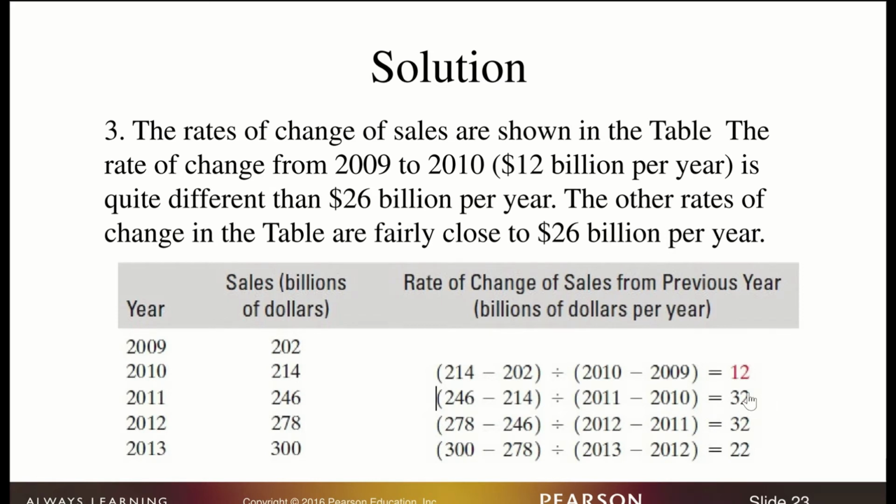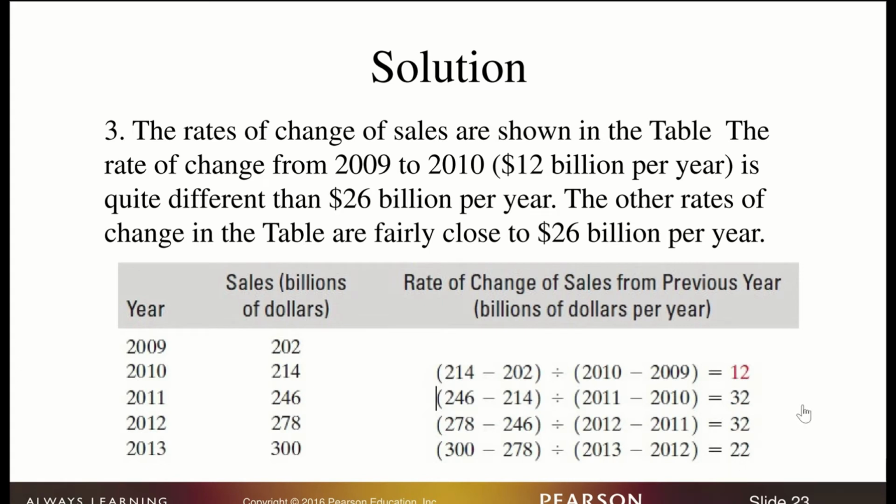The rate of change was 32. Then 2011 to 2012 right here, and you're going to subtract 246 from 278. We get 32. And finally, from 2012 to 2013, the rate of change was 300 minus 278, which is 22.